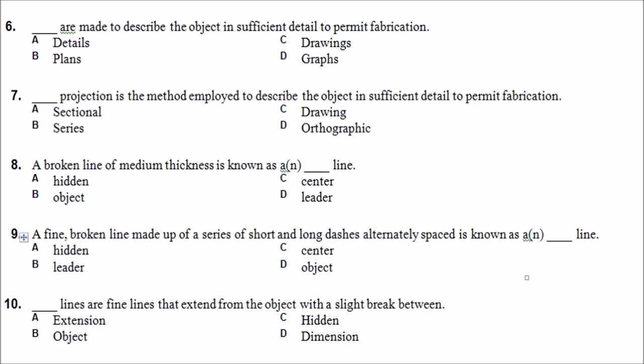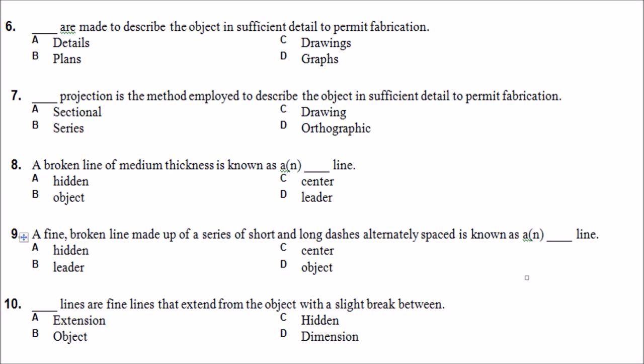Number 6. Blank are made to describe an object in sufficient detail to permit fabrication. That answer is drawings. Number 7. Blank projection is the method employed to describe the object in sufficient detail to permit fabrication.